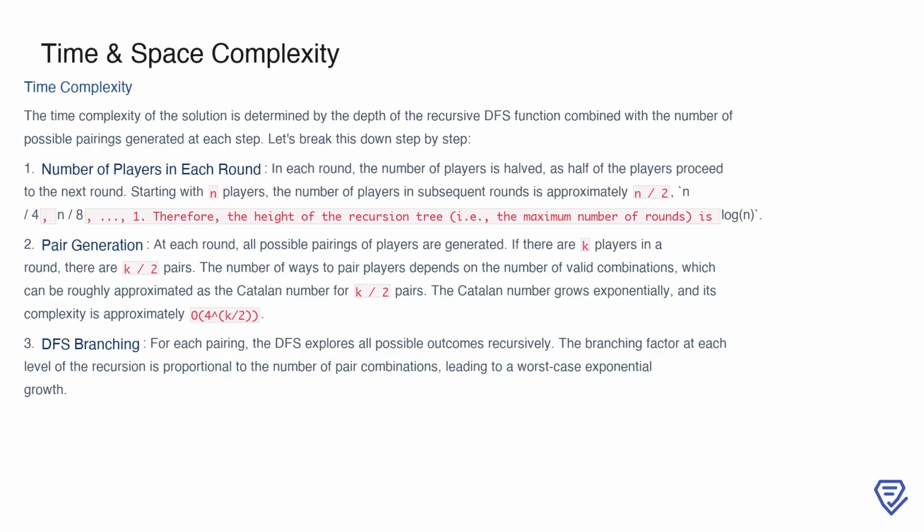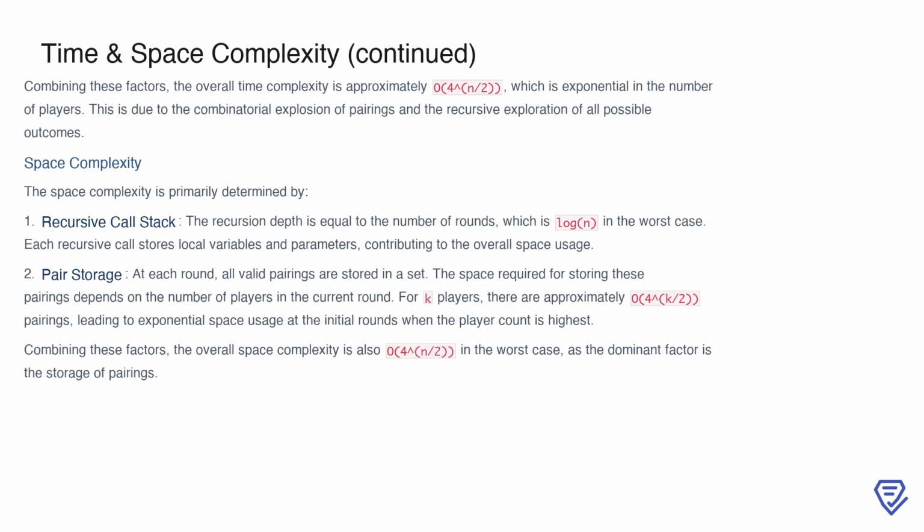Finally, the DFS explores all possible outcomes for each pairing recursively, leading to exponential branching at each level. This is the primary driver of the computational cost. When we combine these factors, the overall time complexity of the solution can be approximated as O(c^(n/2)). This exponential growth arises due to the rapid combinatorial explosion of pairings and the recursive exploration of all outcomes.